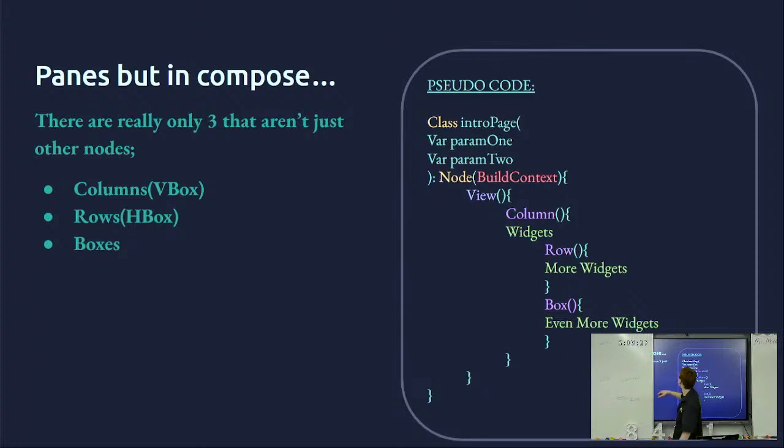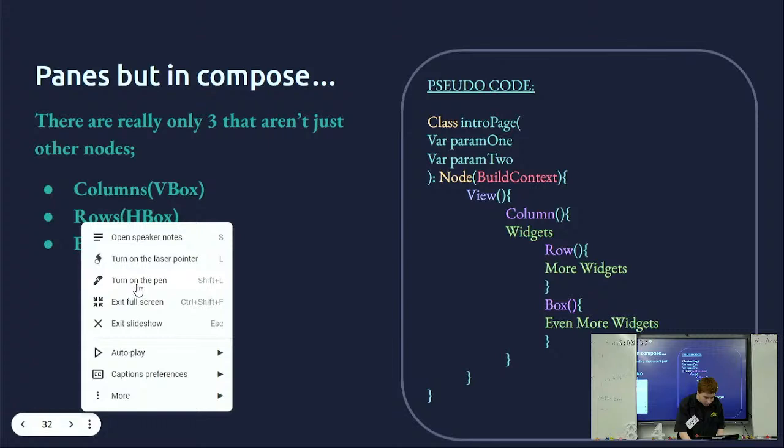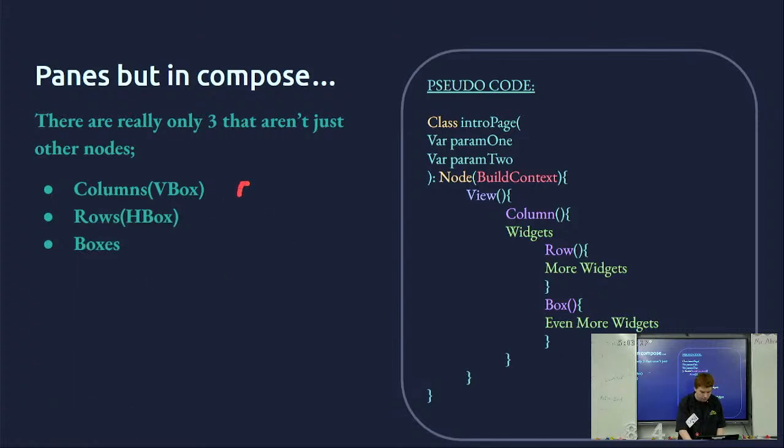I'm actually going to drag you back because I don't have drawing abilities for some reason. So, columns, actually I'm not going to drag you back. I'm going to draw on this thing. So, pen. So, columns. I know this is a really beautiful drawing.